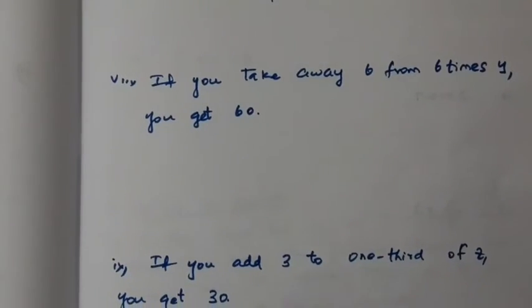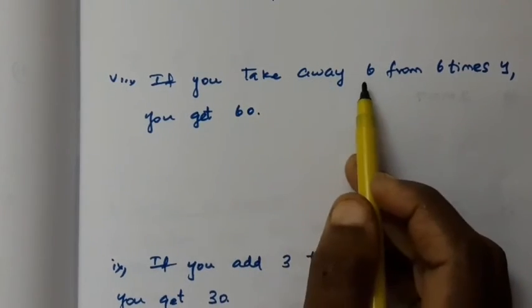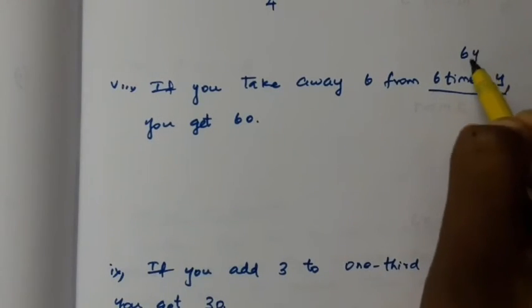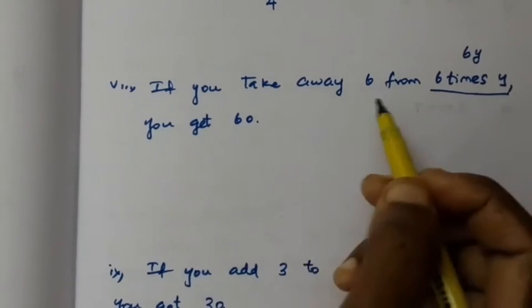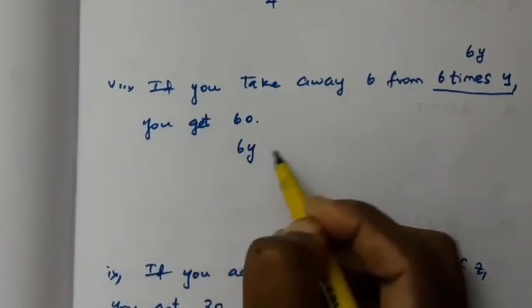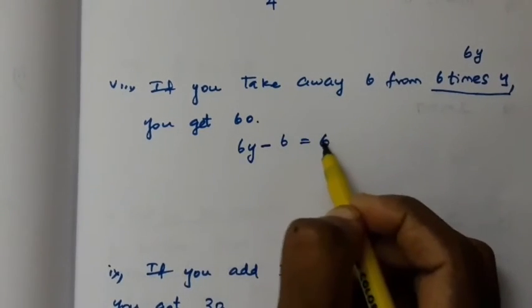If you take away 6, which means a subtraction, if you take away 6 from 6 times y, so what is this 6 times y? 6 times y is 6y. Now what are you doing? Take away 6 from 6y. So from 6y you are subtracting 6, you will get 60.